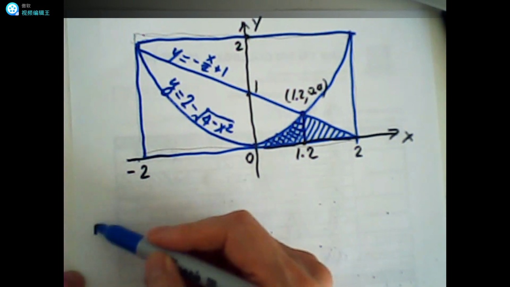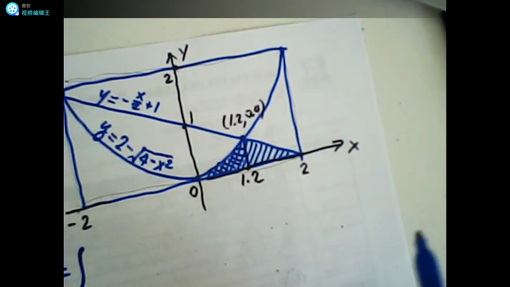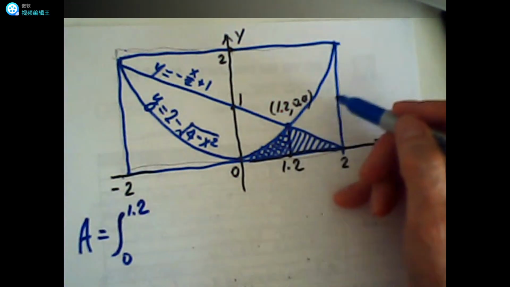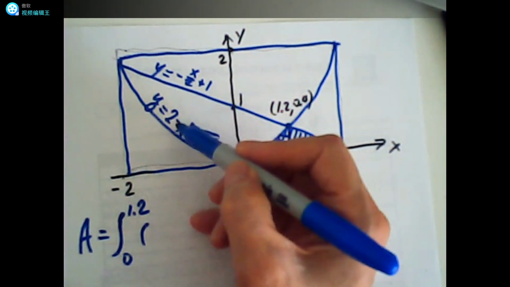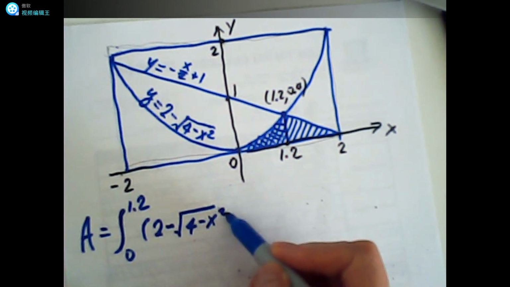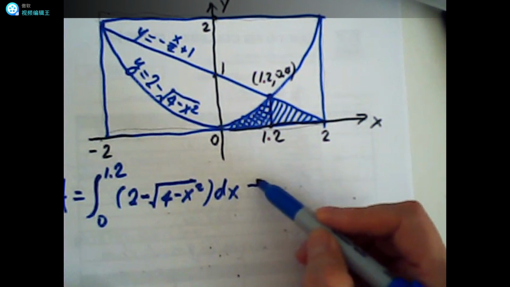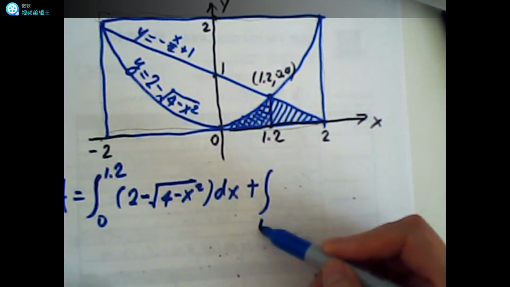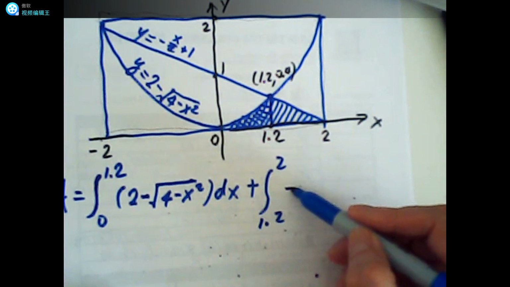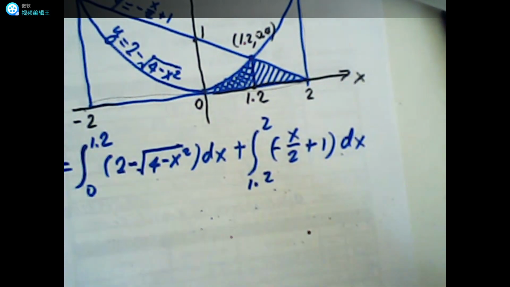So the area is equal to the integral from 0 to 1.2 under the semicircle, which is 2 minus the square root of 4 minus x squared, dx, plus this piece from 1.2 to 2 under the function negative half x plus 1, dx.